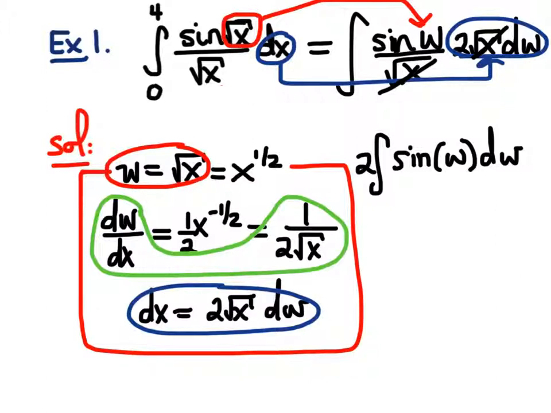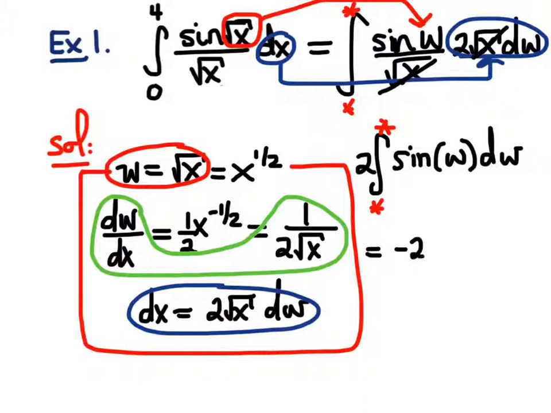And the question might be, okay, well, what happened to the bounds of our definite integral? Once we make the substitution, the 0 to 4 no longer apply for our w variable. So what we do is we just add in these little asterisks for our limits so that we know that in the end we have to go back to x's before we can evaluate the integral. So we apply basic rules here.